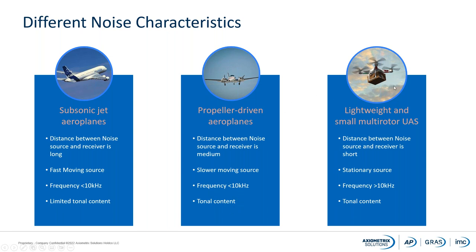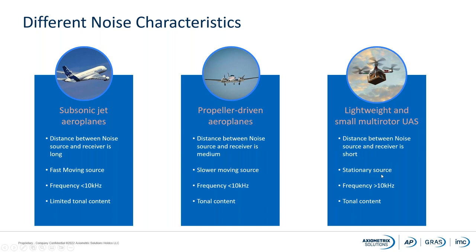When it comes to lightweight and small multi-rotor UAS, they have different characteristics. First of all, the distance between the noise source and the receiver is short. You could have a landing area on top of a roof, where it is very close to the people living on the top floor of the house. So the distance is shorter, or very short in some cases.